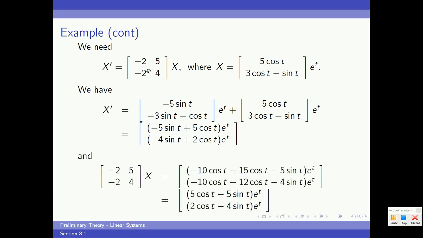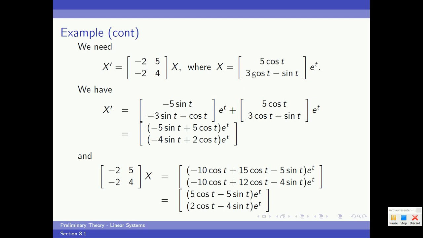Okay, so now we need to find the right-hand side. If I take this row times this column, I'm going to have minus 2 times the 5 cosine t, so that gives me minus 10 cosine t. Then I'm going to have the plus 5 times this part, so I'm going to have a 15 cosine t, and then when I multiply the 5 times this one, I'm going to have minus 5 sine t. The e to the t can just stay on the outside. Second row times this column, I have minus 2 times the 5 cosine t, so I get minus 10 cosine t.